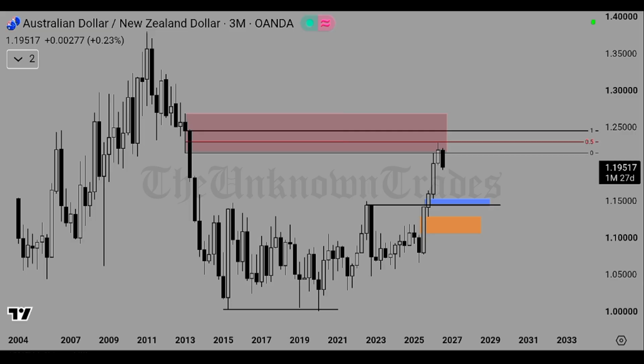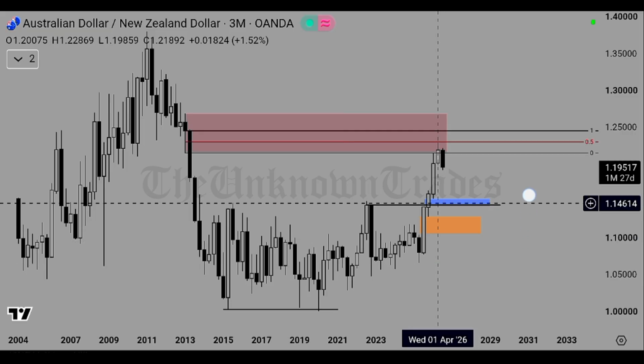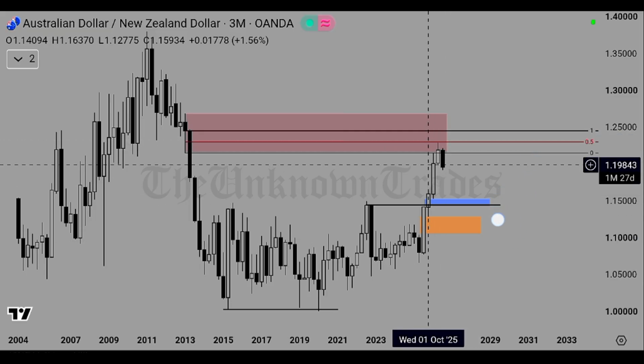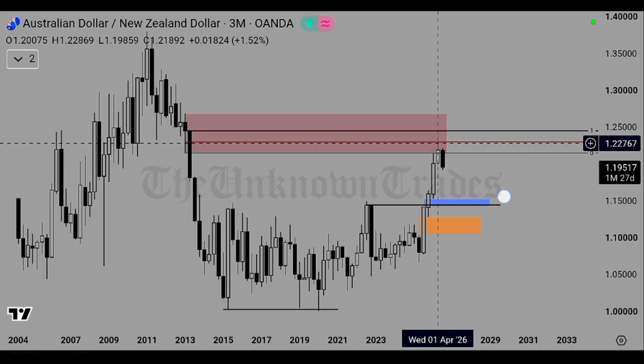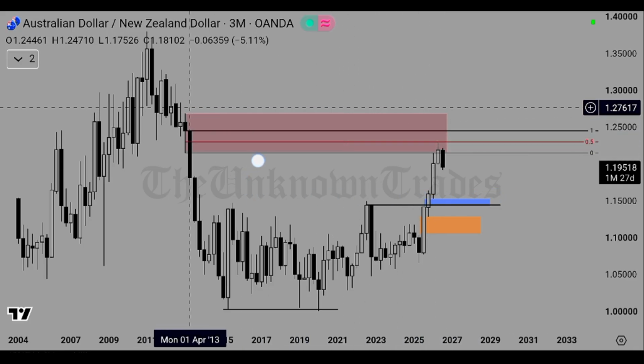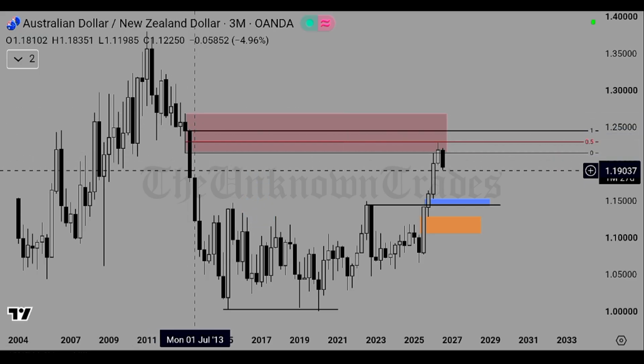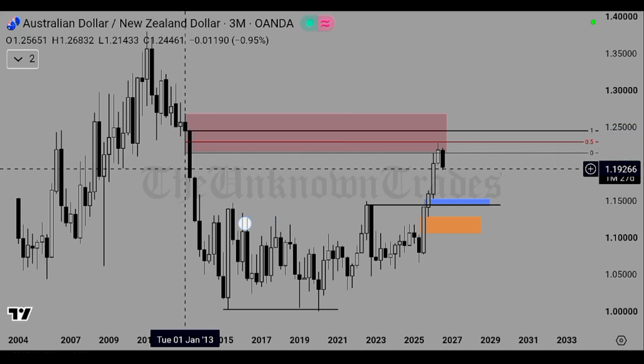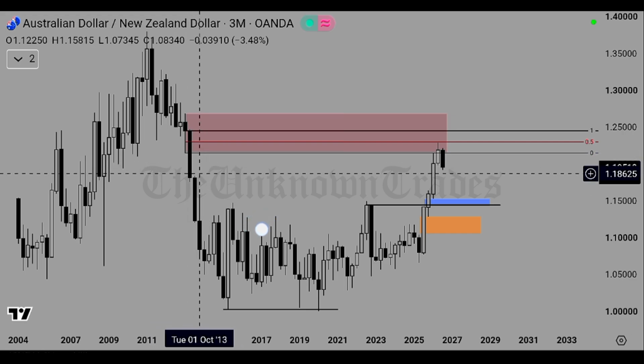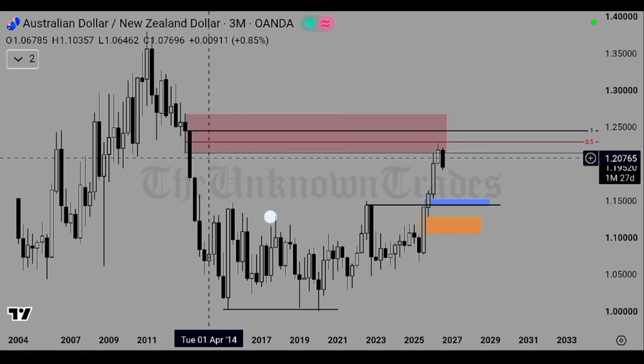Okay, traders. I also want to tell you one thing: you can see the price literally wants to reach the consequent encroachment of that specific order block which is above that inefficiency. The inefficiency is a refined point of interest, a refined inefficiency of the 6-month time frame.